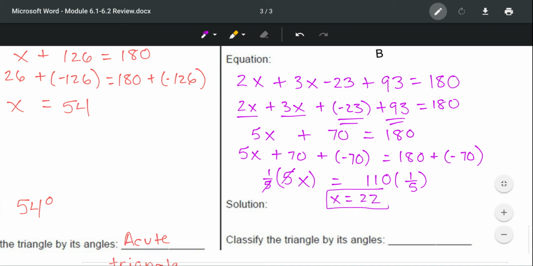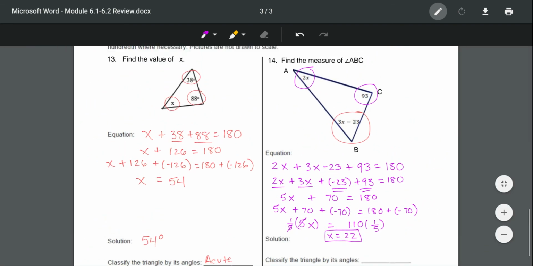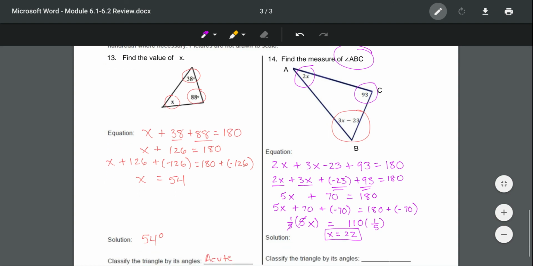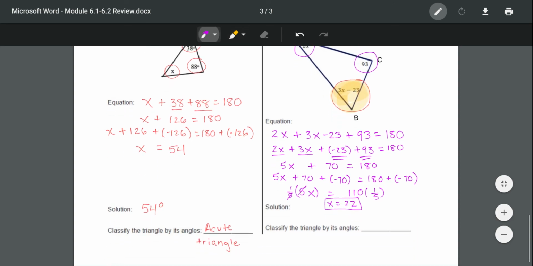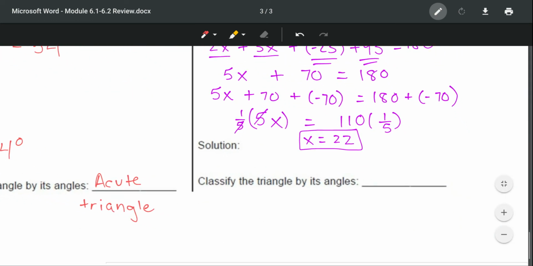So we've just solved for x. It's asking us to find the measure of angle ABC. So ABC is the angle that I highlighted in red first, so that would be 3x minus 23. So what you want to do is replace x with 22 to solve for that angle.